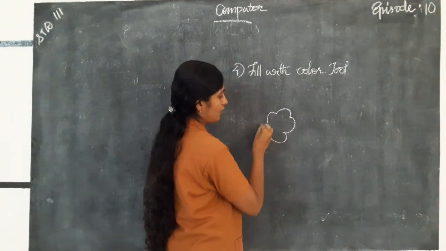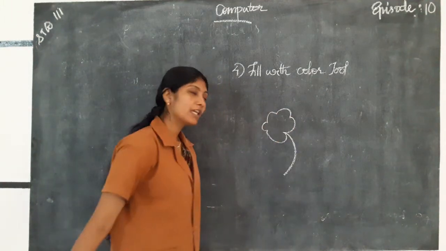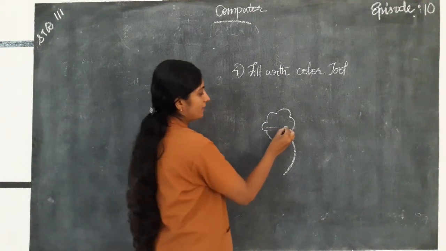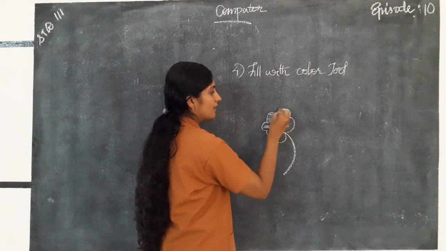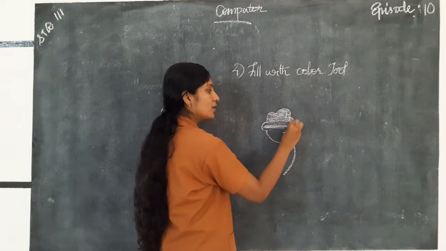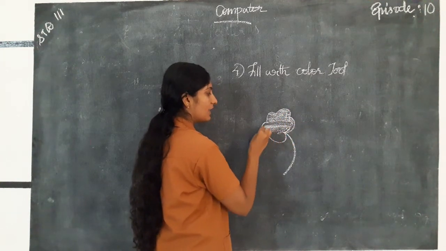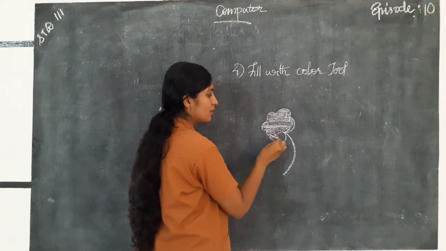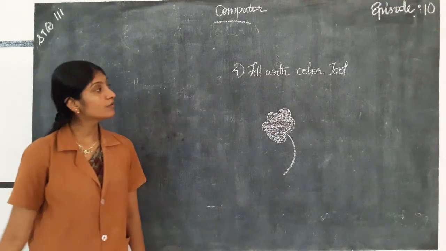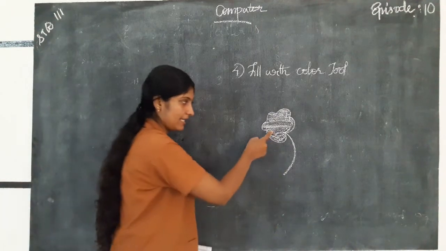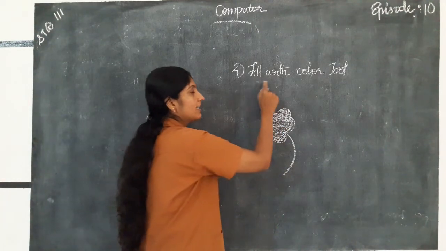If you want to fill the color from here, this is the area where we can paint using brush or we can fill with the color tool. So let's see how to fill this area using color tool.